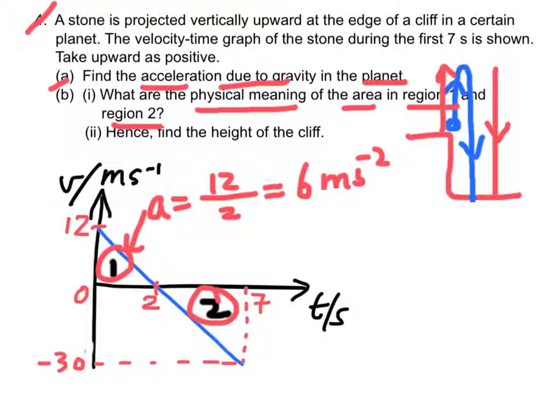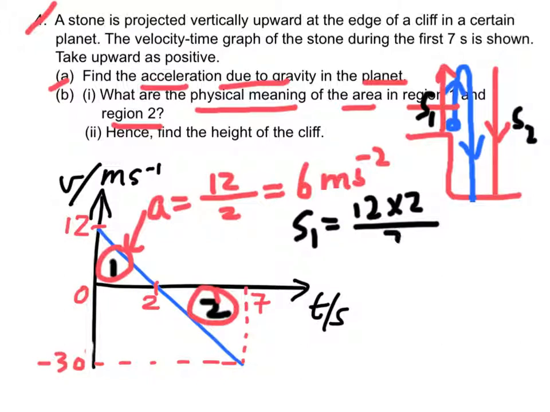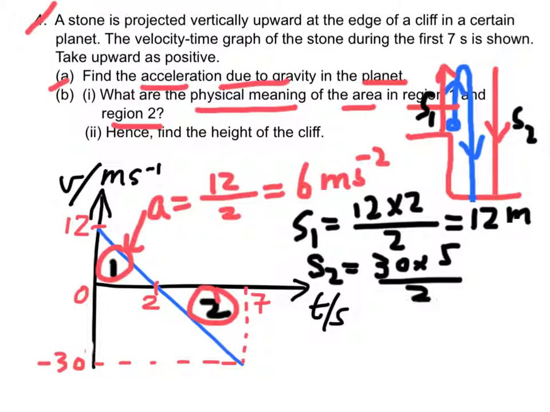If we let the upward displacement be S1 and the downward displacement be S2, then we have S1 equal to 12 times 2 over 2, which is 12 meters, and S2 equal to 30 times 5 over 2, which is equal to 75 meters.